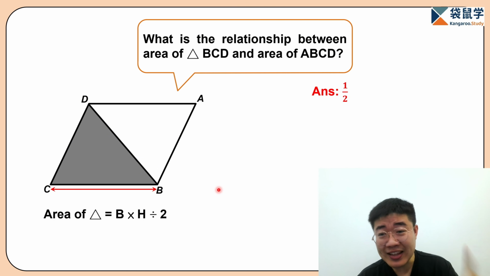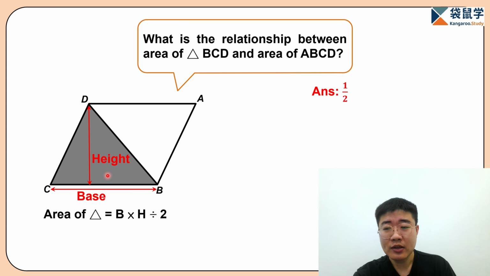To draw the height, you can just start from the remaining vertex, which is point D. So we draw a line that's perpendicular to the base. This one is what we call the height. So we get the base and the height times together, divided by 2. It will give us the area of the triangle.